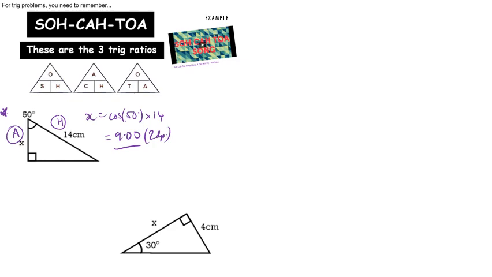On our second example, labelling the sides, we've got the hypotenuse opposite the right angle, the longest side. Opposite our angle is 4, and this is the adjacent. So the two we're interested in here, we're told the opposite, we want to find out the adjacent. So for this, we need to use tangent.